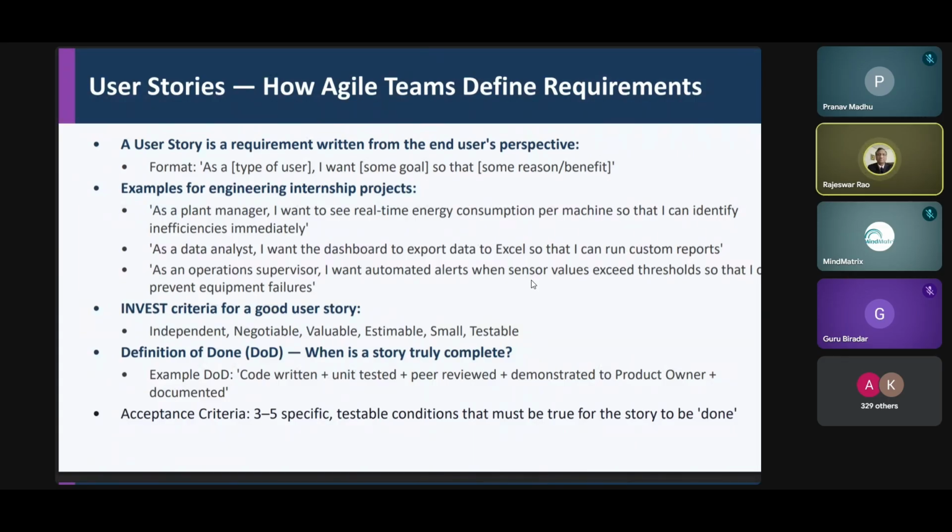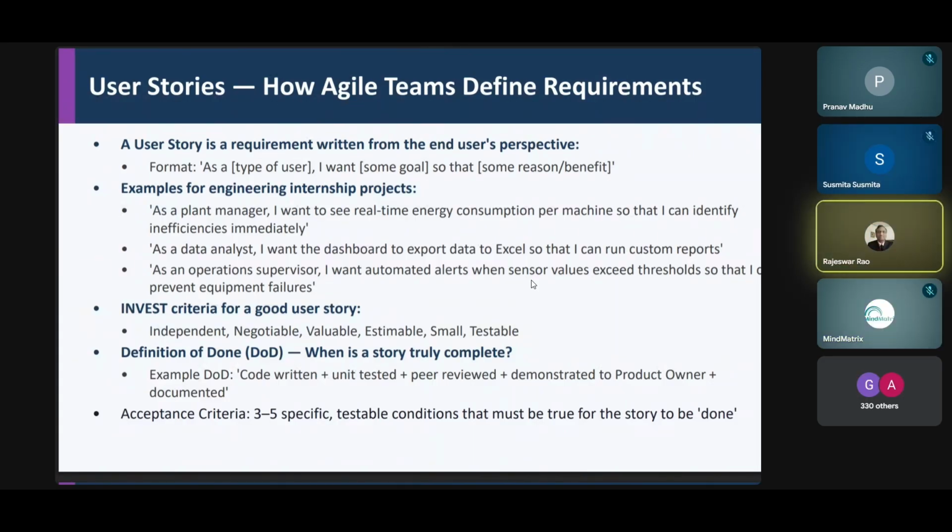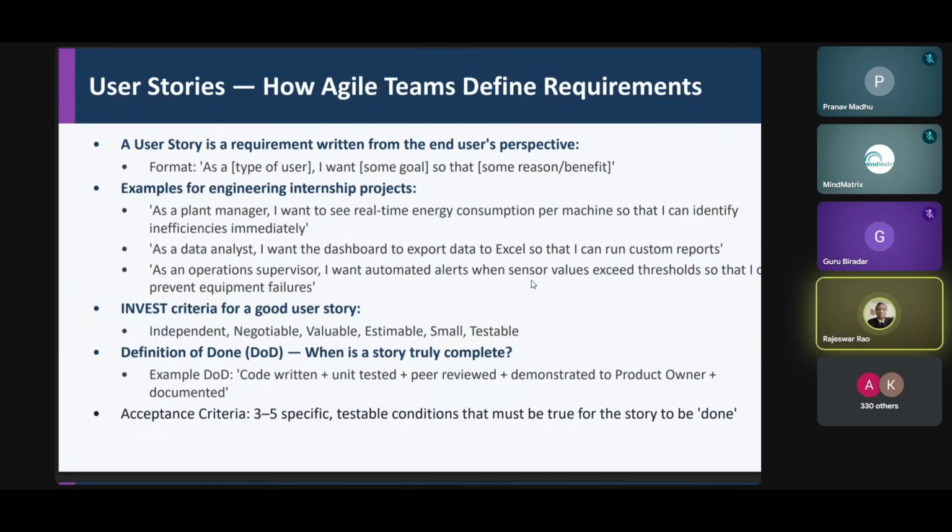This is where I would say that every IT professional or software developer needs to build the skills, not necessarily on the tech skills or the database skills or the cloud skills. You need to have equally important skills in converting a PRD into user stories.